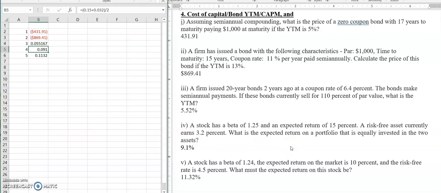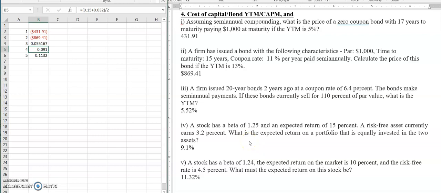Now, if you have to calculate the beta, keep in mind the beta is also a weighted average. So the beta for the risk-free asset is how much? It should be 0 because it is risk-free, it has no risk. So 50% of my portfolio is in an asset with 0 beta. 50% is in an asset with a beta of 1.25.